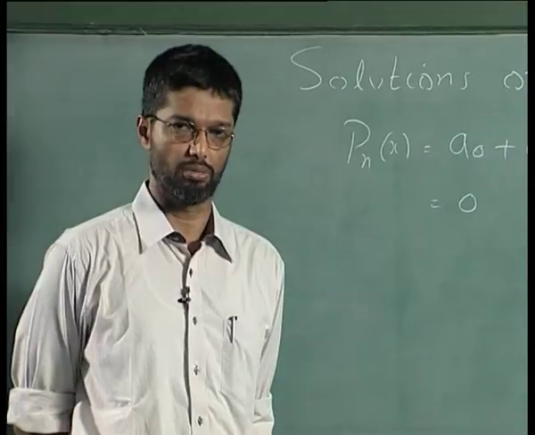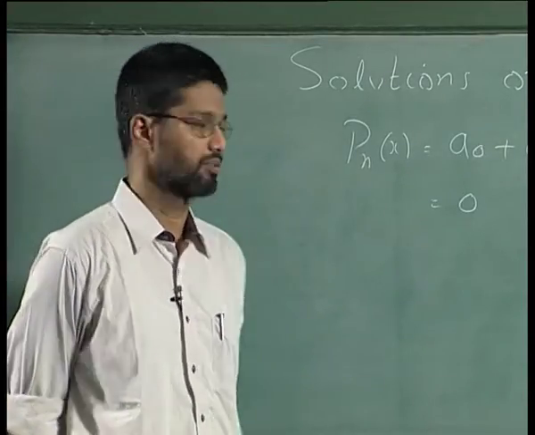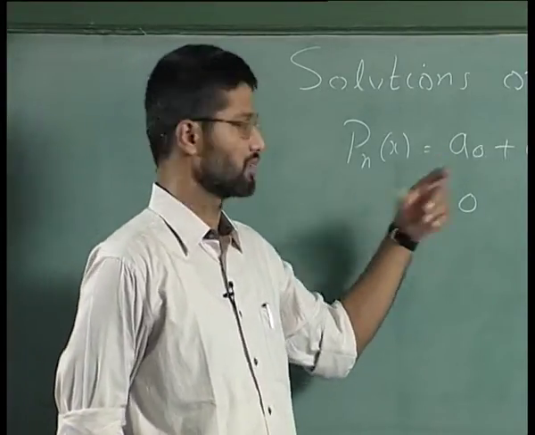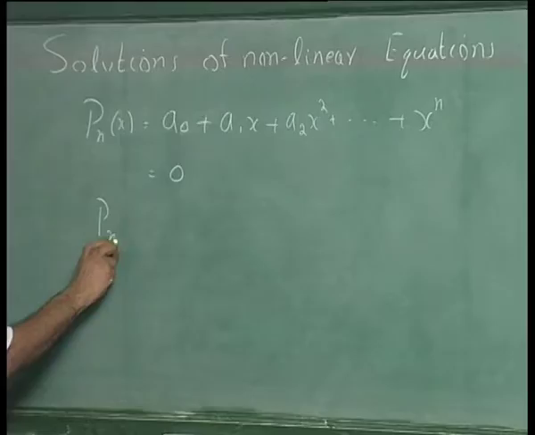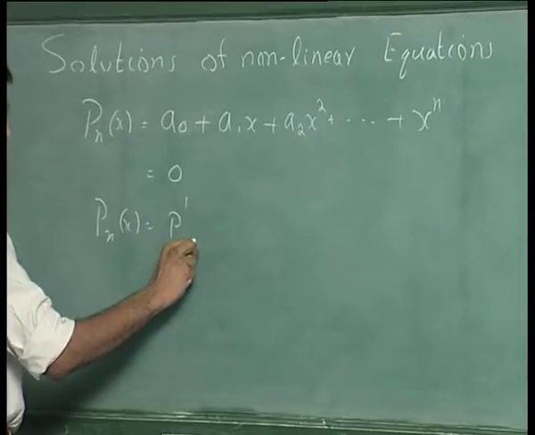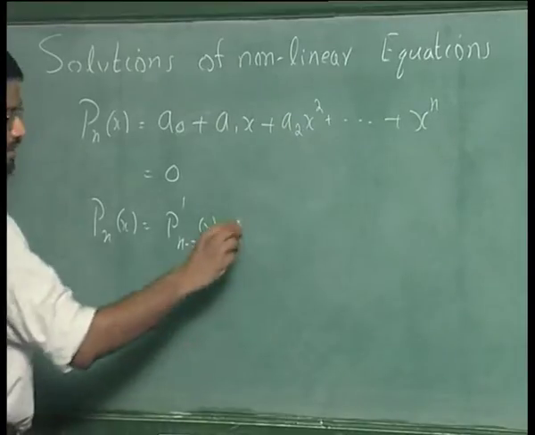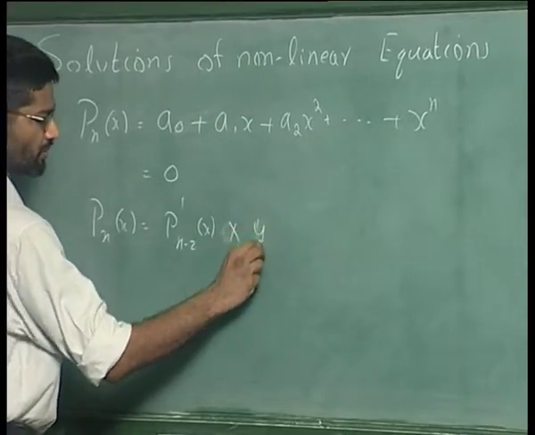So we saw one method of doing that, that is dividing this by a quadratic polynomial and factorizing this polynomial, so that we write Pn of x as some polynomial of order n minus 2 of x, into some other polynomial which we would call in this case y2 of x.